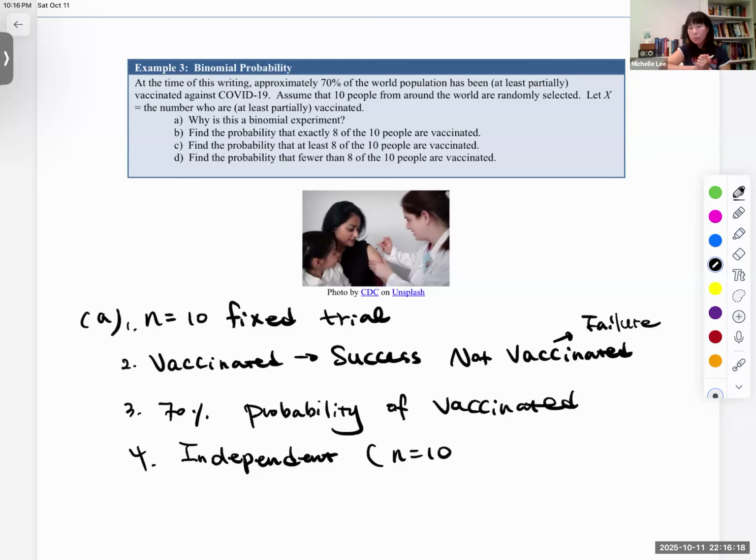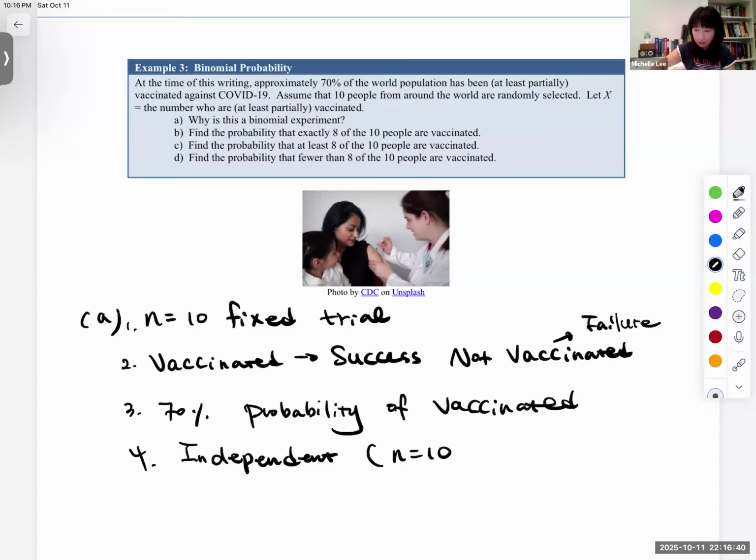So there is a very tiny chance that one outcome affects the other outcome. Make sense to you? Yes, that is the key word: randomly. So that is independent.